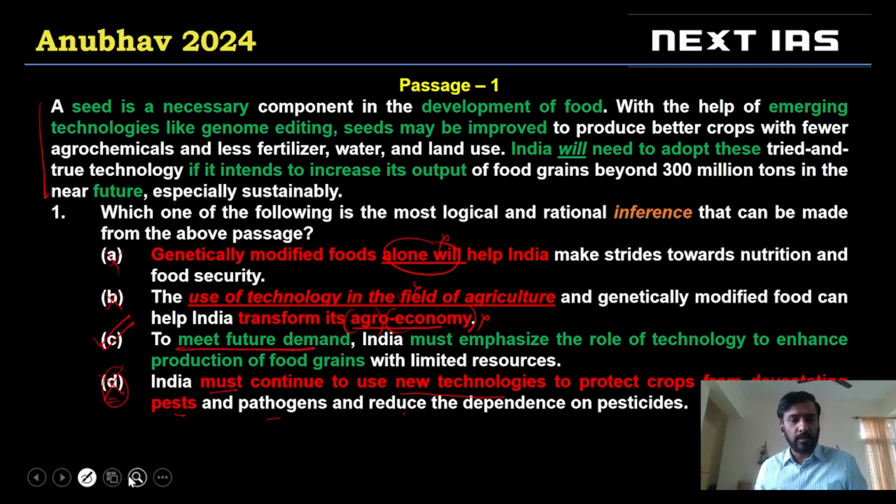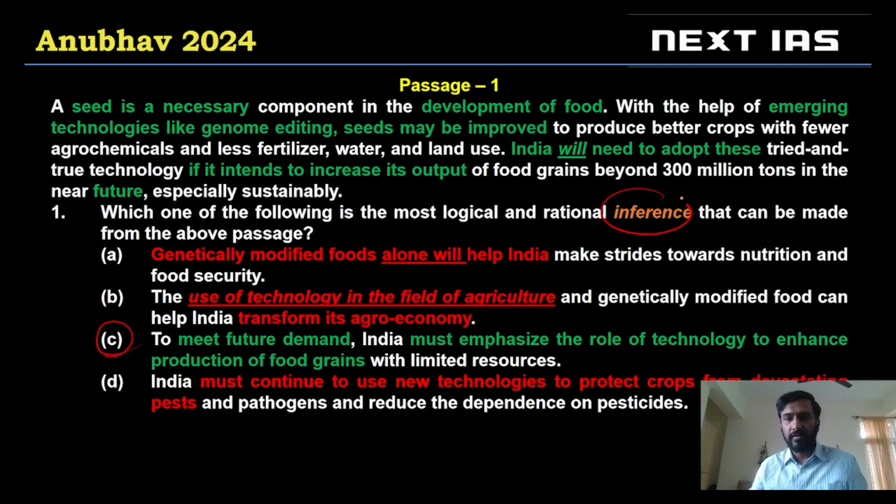If you notice, all of these words we can find evidence for. Like I said, inferences are based on finding two pieces of evidence and then concluding something new. So, to meet future demand, if it intends to increase output for future, this means future demand will increase. India must emphasize the role of technology.